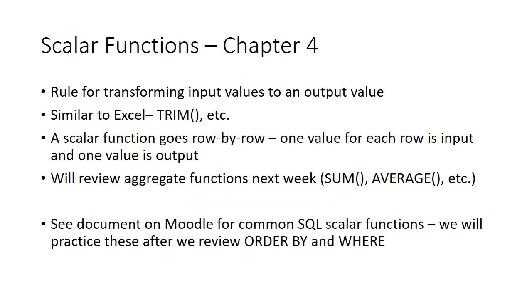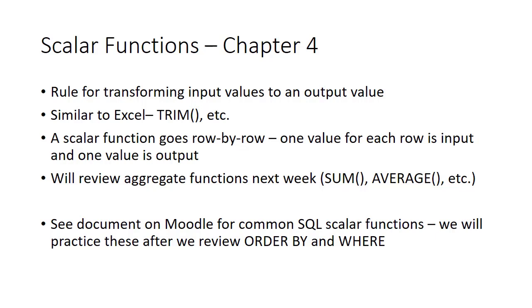Chapter 4 in your book discusses scalar functions. A scalar function is a rule for transforming input values to an output value. They're similar to functions in Excel like trim, and you will see some other functions that should look familiar to you. A scalar function goes row by row, so one value for each row is input and one value is output.